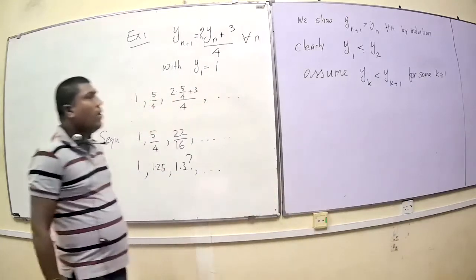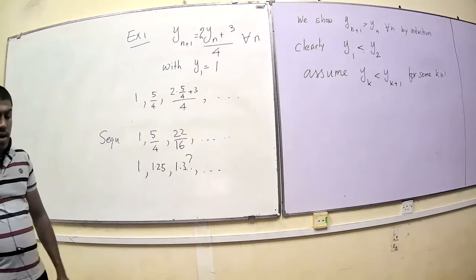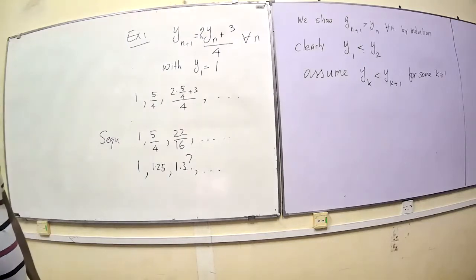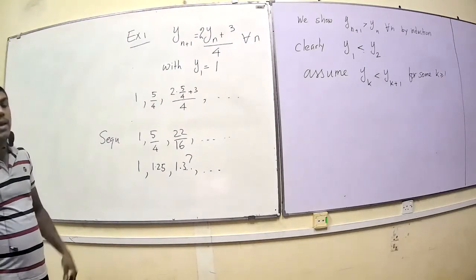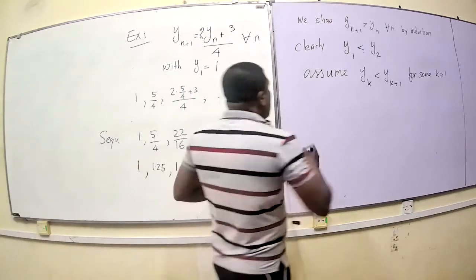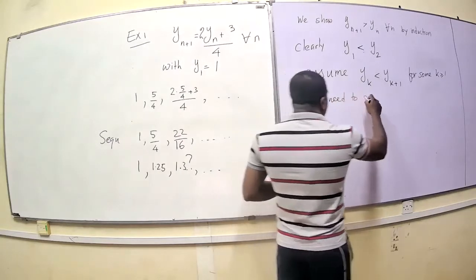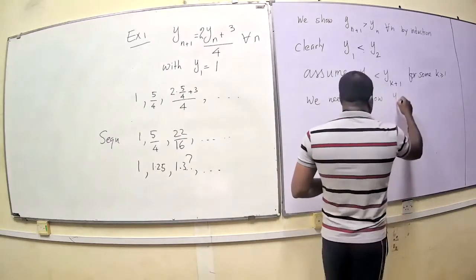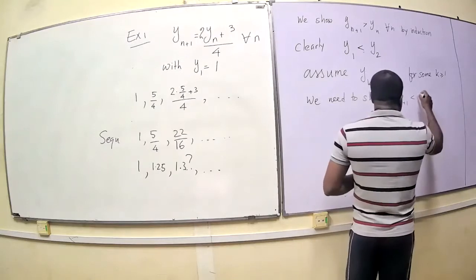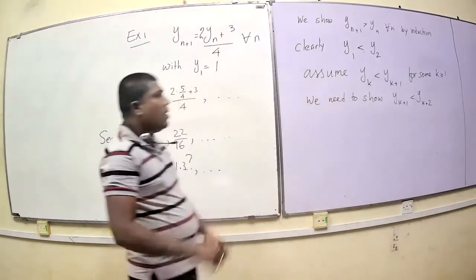Right? For some k greater or equal to 1, yk is less than yk plus 1. So you have to show that yk plus 1 is less than yk plus 2. Okay, so you want to show this.